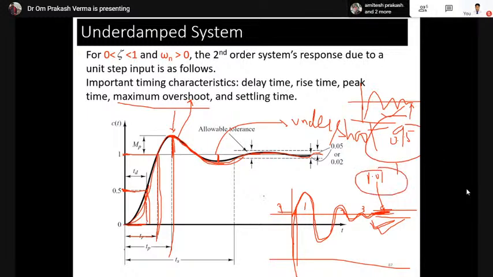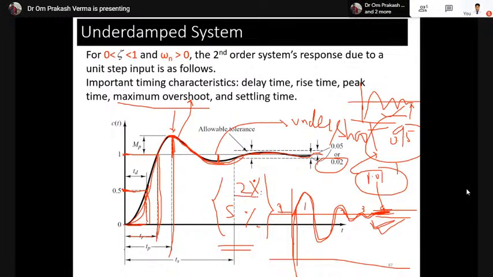So our question is, are these values tolerable or not? Okay, so we have defined some tolerance value. Tolerance means 2% tolerance or 5% tolerance, which are the generally defined standard values.